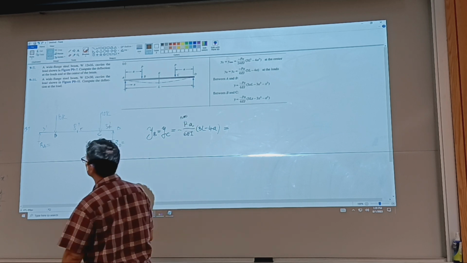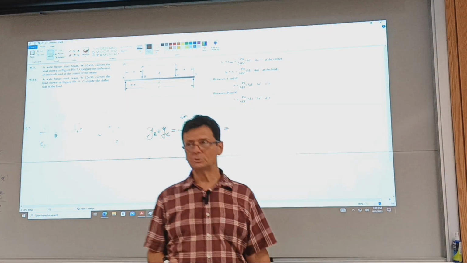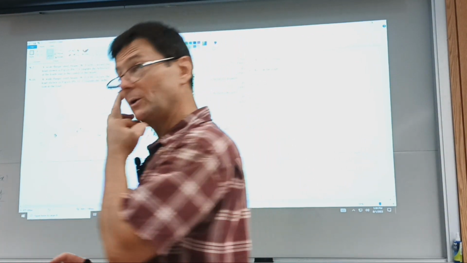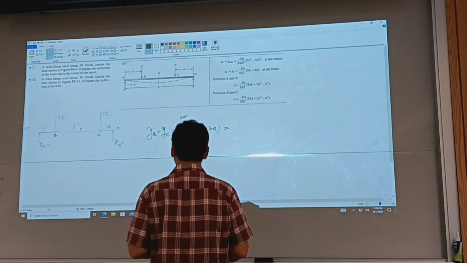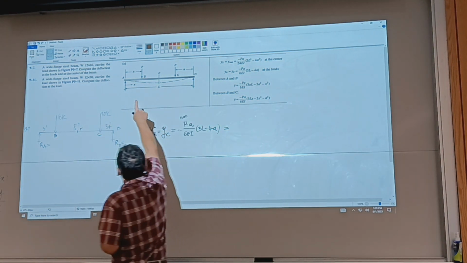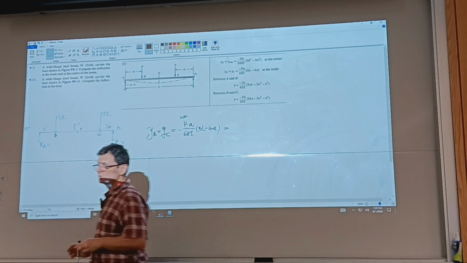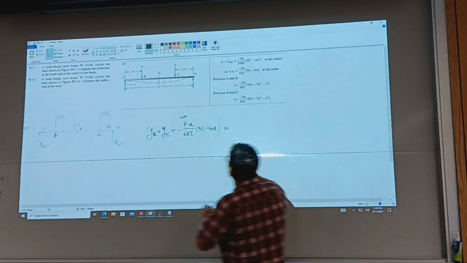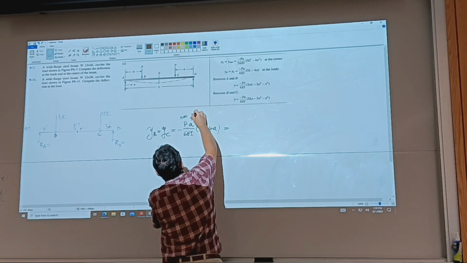What is A equal to? We need to work with pounds and inches, right? Pound inches, PSI. So what is A? 3 feet converted to inches. So what is it? 36 inches.